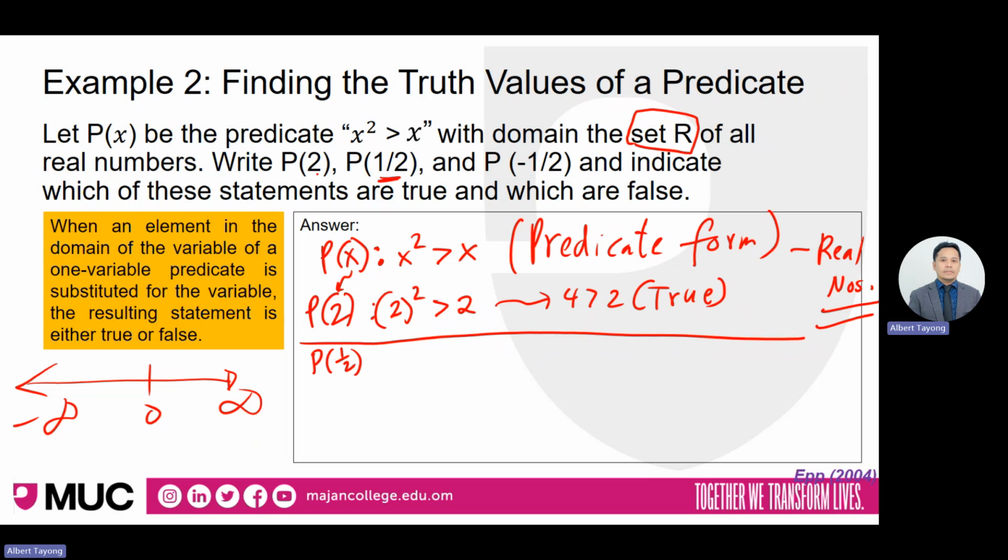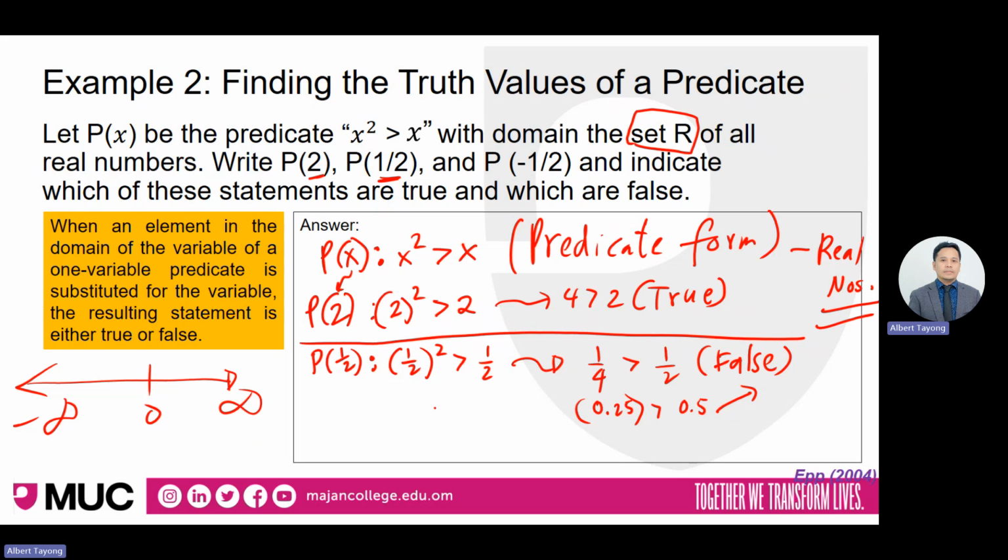We change our x to 1/2. 1/2 squared is greater than 1/2. 1/2 squared is 1/2 multiplied by itself, which is 1/4. So 1/4 is greater than 1/2? This is false, because 1/4 is 0.25 and 1/2 is 0.5.